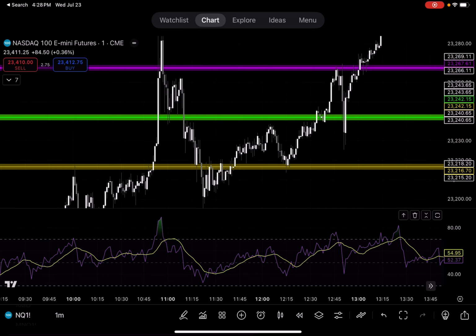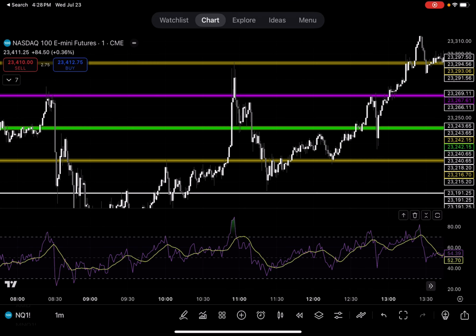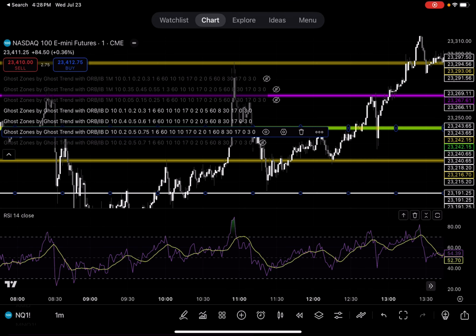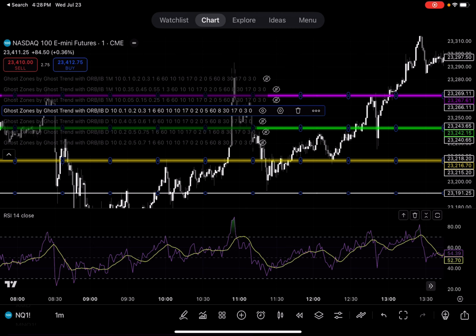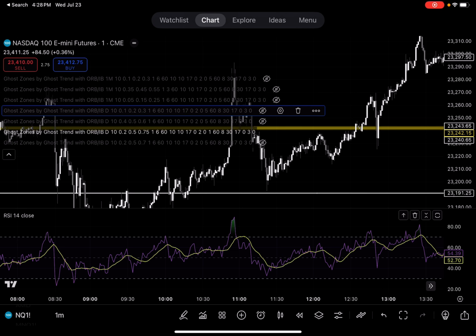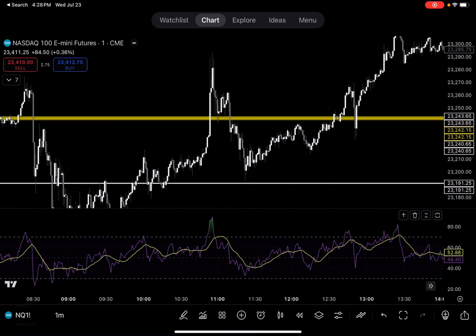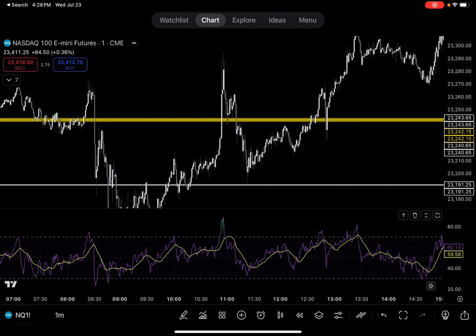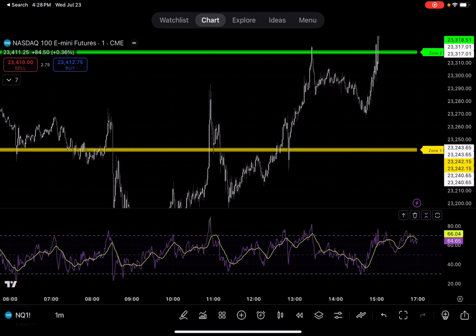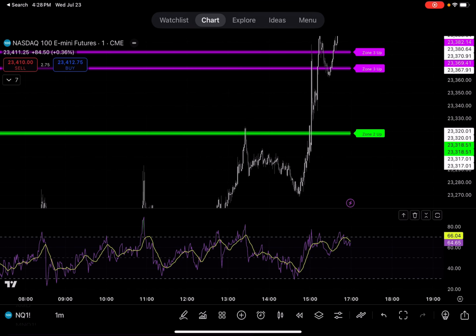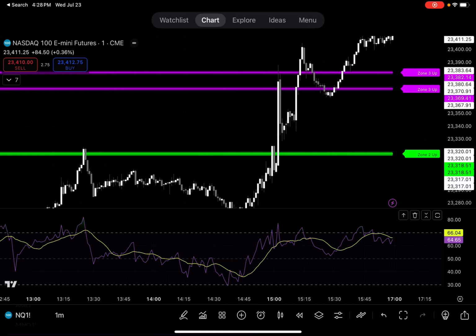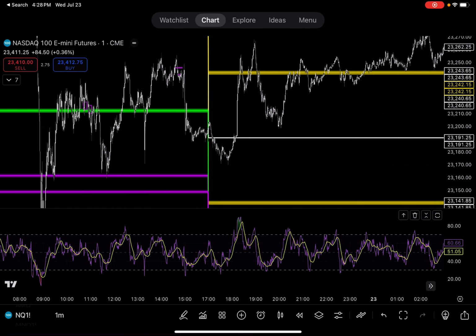So with this RSI, you can look for areas that are oversold or overbought, like when you're at some of these zones.